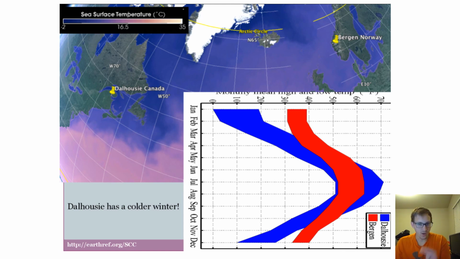The surface water temperature in Bergen just happens to be in a loop where the water is warm, and Dalhousie is in a loop where the water is extremely cold. Like I said, tilt that we talked about last time is only one factor in determining a place's climate. This is another factor. We would say, based on what we learned last week, that Bergen would get a lot less sun and must be much colder. This is proving that to be a little bit incorrect some of the time.